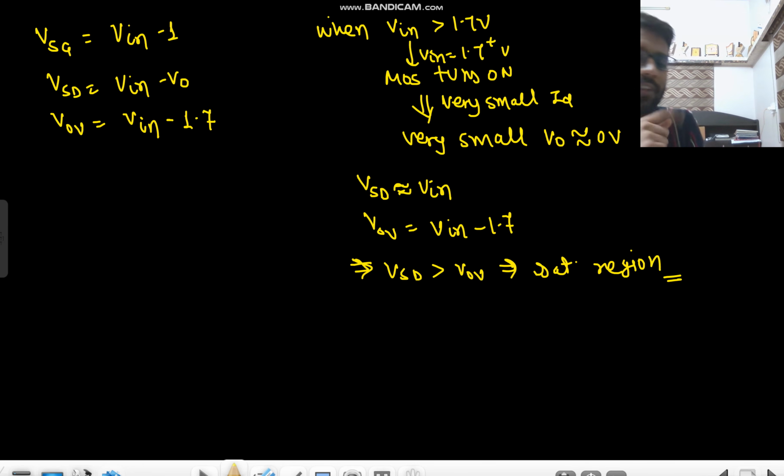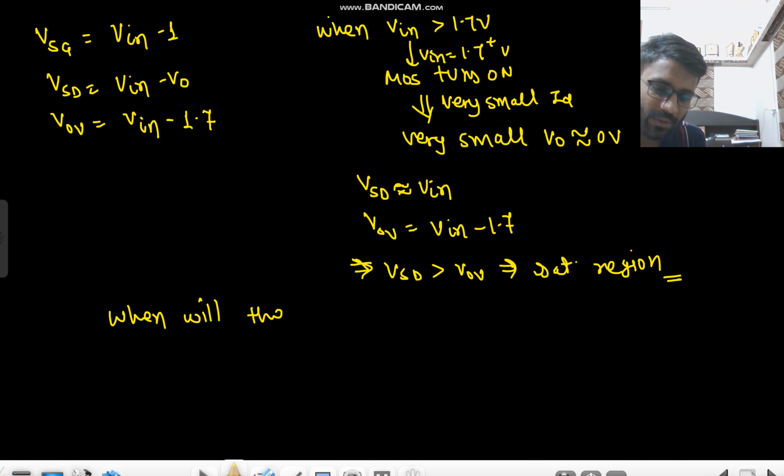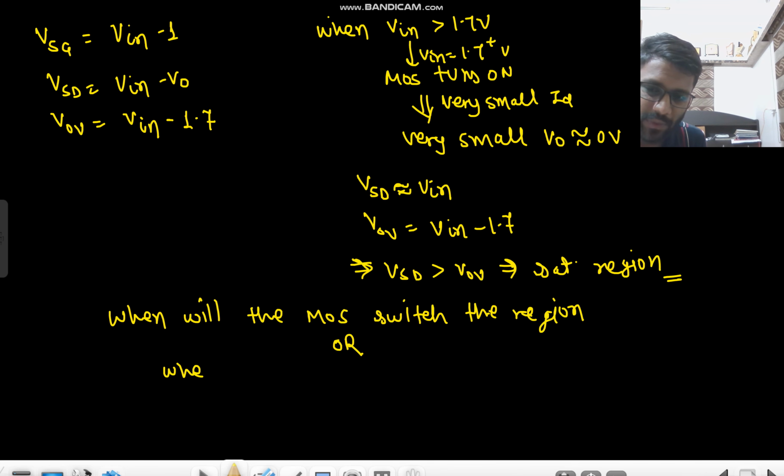Now when will the MOS switch the region, or when will it come to triode region?